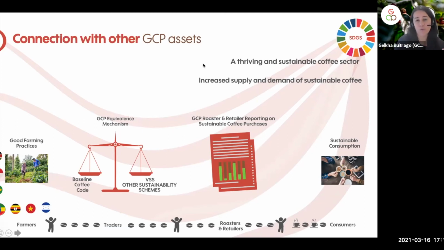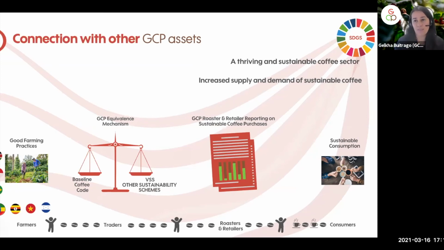In most of these countries, they have developed what they call the National Sustainability Curricula, which is the adaptation of a local understanding of baseline sustainability practices. So once we revise the Baseline Coffee Code, the National Sustainability Curriculum makes a context analysis of that sector agreement and makes it relevant for the local stakeholders. So it is complementary to those national sustainability curricula, and is not a replacement of those.